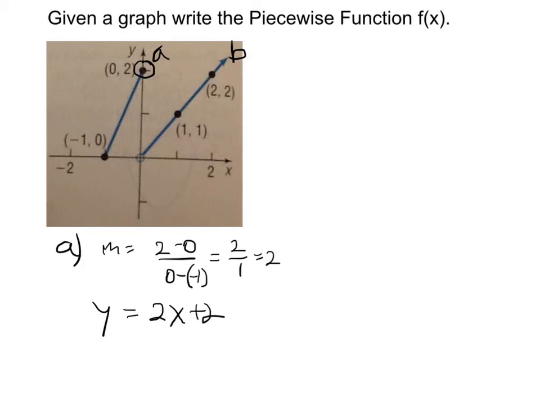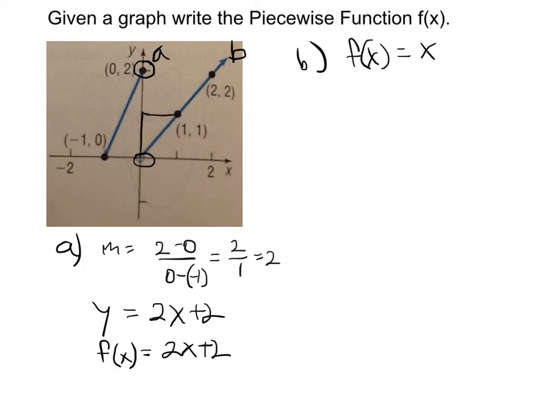So f of x equals 2x plus 2. Cool. Then for B, our y-intercept appears to be 0, 0, and it looks like we got a slope of up 1 over 1. So we've got f of x equals x, our identity function. So we're good to go there.